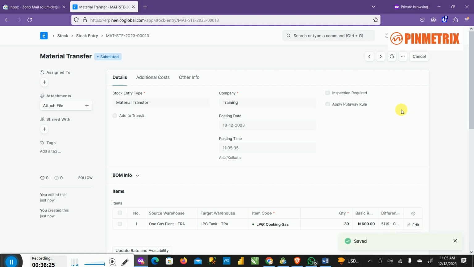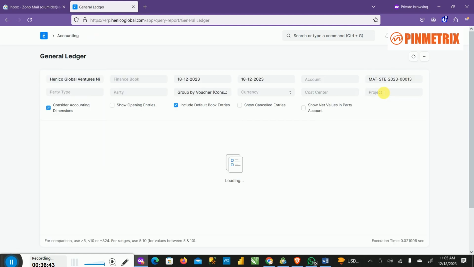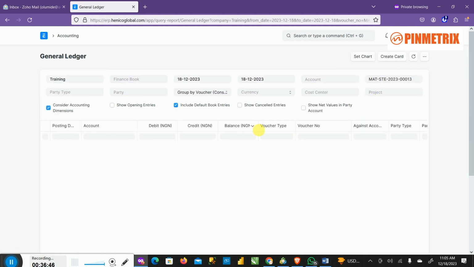So that account is completed. The account is completed. So if I have this accounting ledger, because it's an in and out, it's a zero balance.